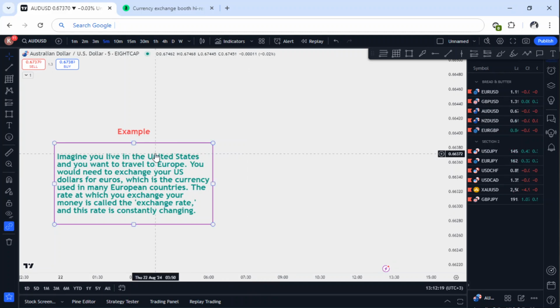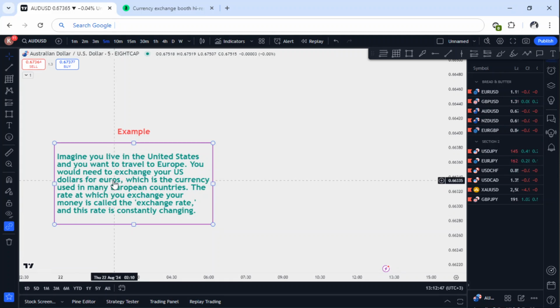Now I want you to imagine that you live in the US and you want to travel to one of the countries in Europe, maybe you want to go to England, in Britain, or you want to go to Italy, etc. You will be required to exchange your US dollars to euros, because euros is the currency that those European countries are using.